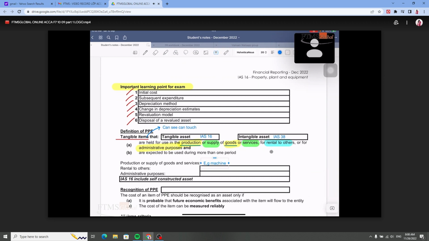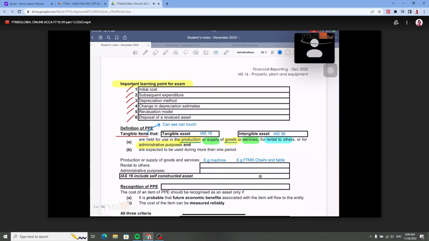For services, FTMS is providing services, so the FTMS context will be chairs and tables. So that is produce goods or supply services.